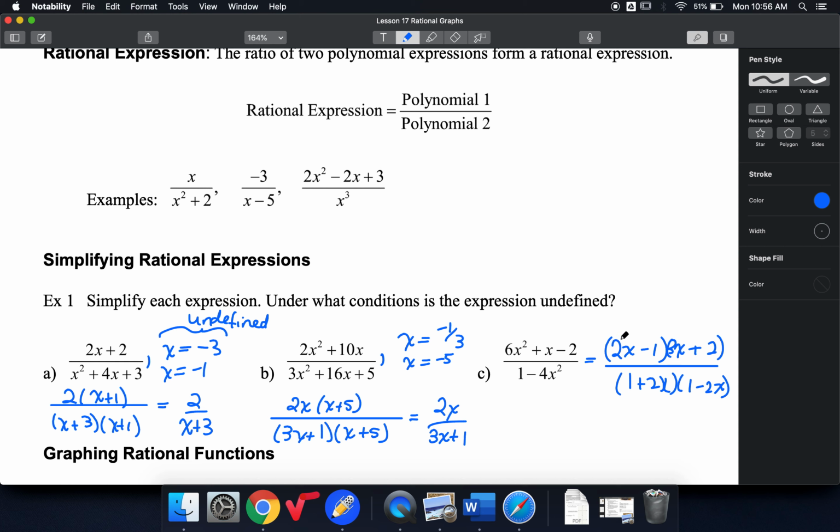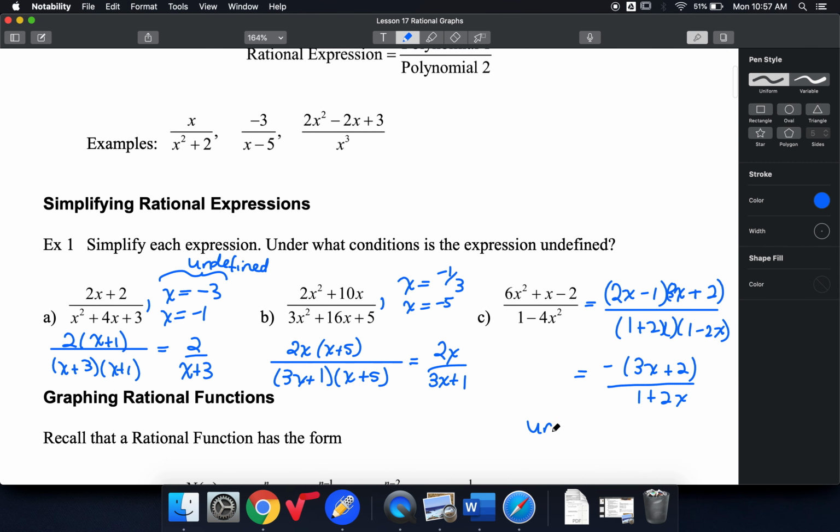Well, these are really similar to each other, except they're negatives of each other. So when I simplify, I'm going to have a negative on top, 3x plus 2, and my denominator is going to be 1 plus 2x. But my undefined area, I'm undefined for x equals plus or minus a half.